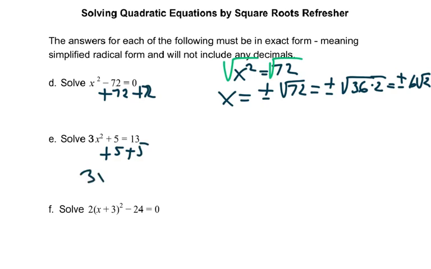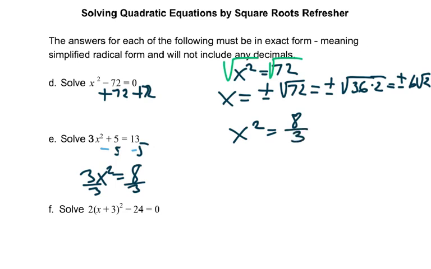So add 5. So I get 3x squared is equal to 13 plus 5, which is actually subtracting, not adding. Making mistakes in math is just something natural that everybody does. So 13 minus 5 is 8, divide by 3, x squared equals 8 over 3, and I'm going to leave it like that.